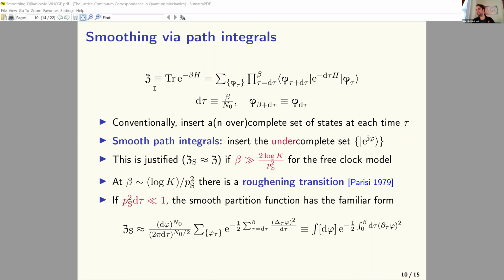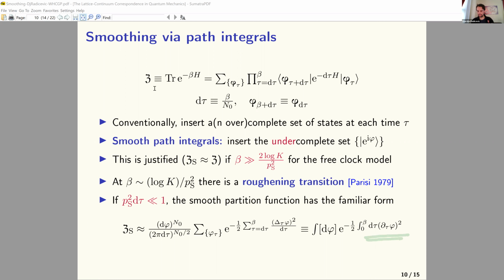And then there's a second bound. If you want to actually usefully compute the path integral, you have to have this other bound that I wrote here, and only if that kind of bound is satisfied. And again, notice that the bound uses PS, not K, so it doesn't use the smallest possible spacing. It uses the second scale. Only if that bound holds can you turn the crank, as you were taught in elementary school, and get the standard path integral with the quadratic action here.